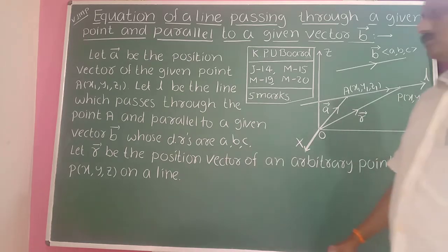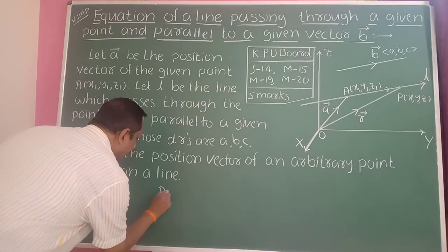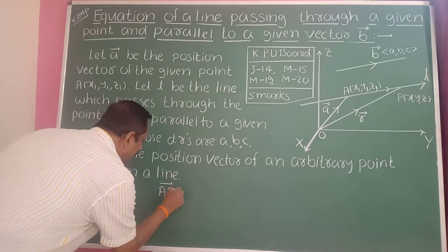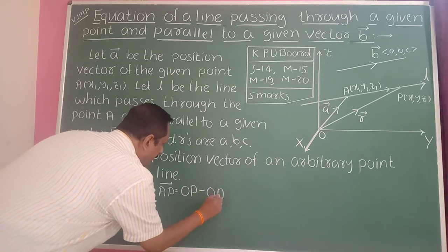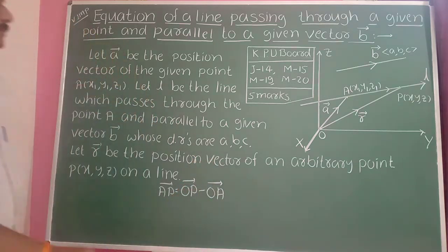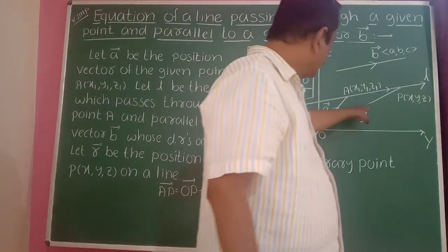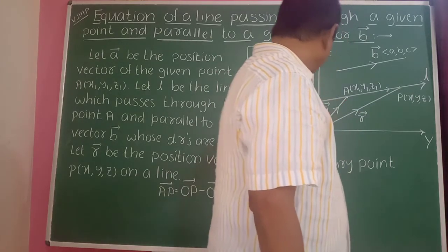You know that AP is given by the vector AP equal to OP minus OA here. You know this result. Then OP is equal to r bar and OA is equal to a bar here.